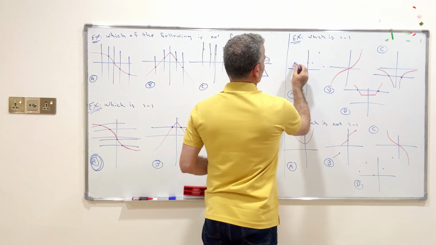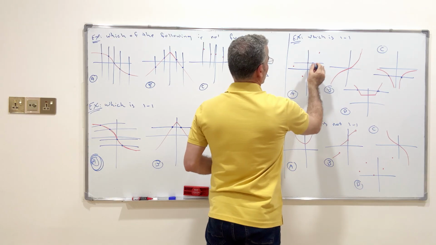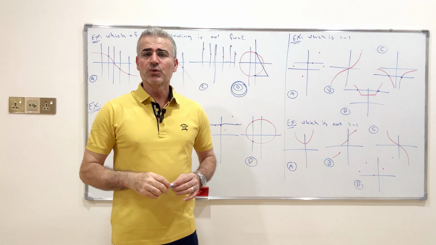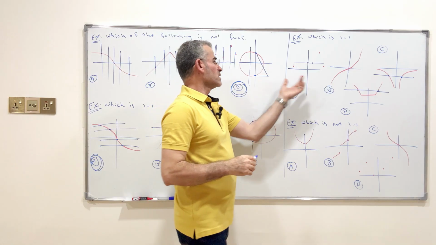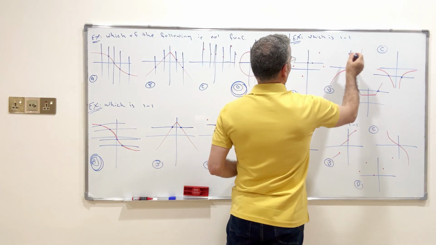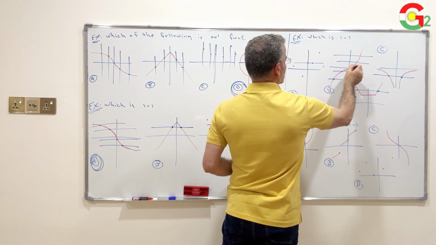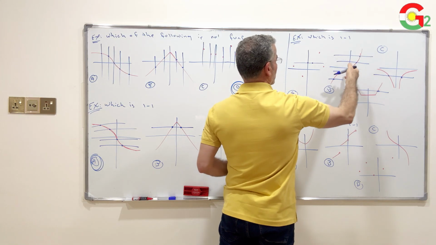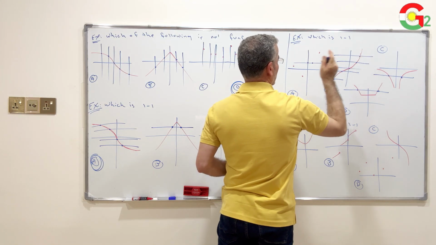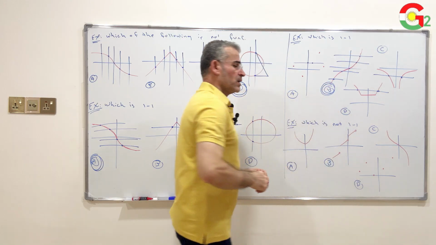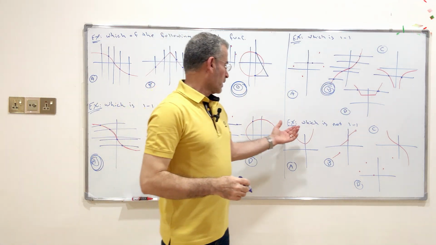Also here, if we draw a horizontal line, it will pass through 2 points, then this graph is not one-to-one, but choice B, if we draw a horizontal line anywhere on the graph, it intersects with the graph in only 1 point, then choice number B is the right choice.